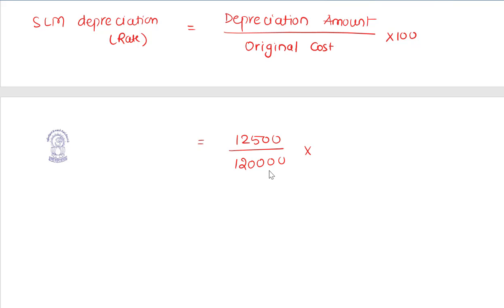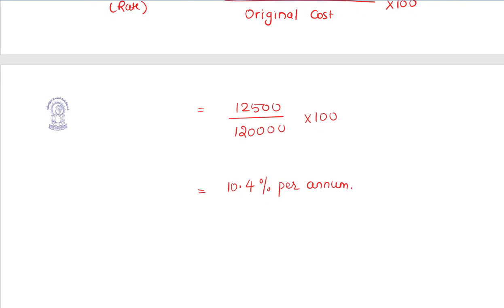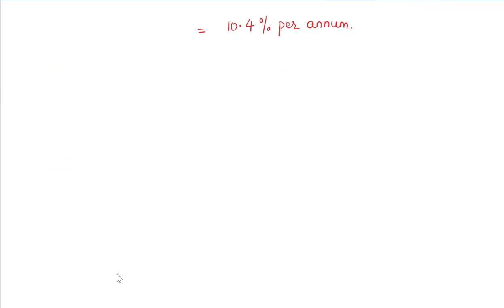Original cost is 1,20,000. Multiply by 100. Just try to solve it. 12,500 divided by 1,20,000 multiplied by 100 is 10.4% per annum. The rate we got is 10.4% per annum. I think it is clear to all of you.